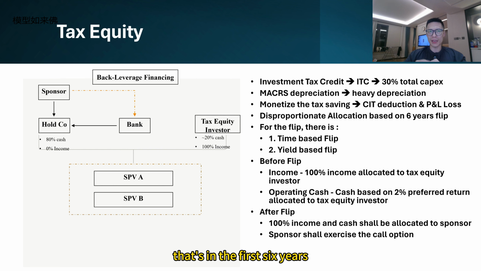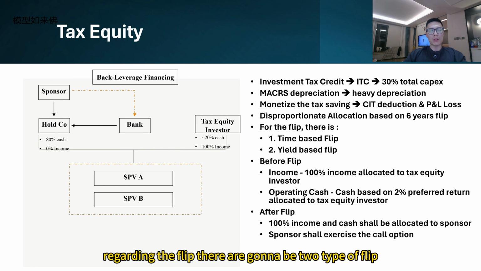That's in the first 6 years. After that, there's going to be a flip, and the tax equity investor is going to get a changed rate of cash and a changed rate of income. So that is the flip.